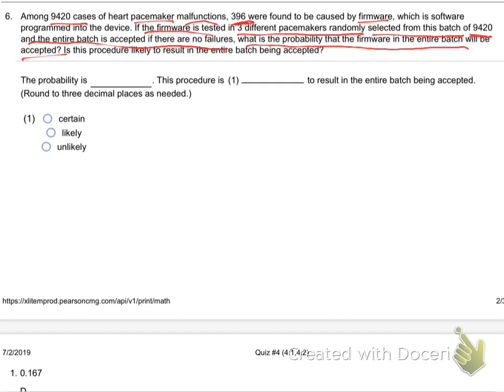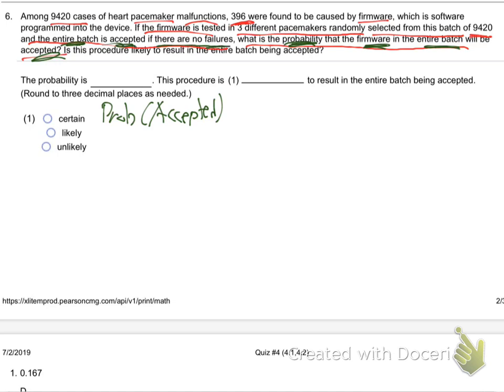Okay, let's think carefully about this question, for it's a pretty tricky one. They're asking us the probability that the firmware in the entire batch will be accepted. Well, how's it accepted? It says the entire batch is accepted if there are no failures.